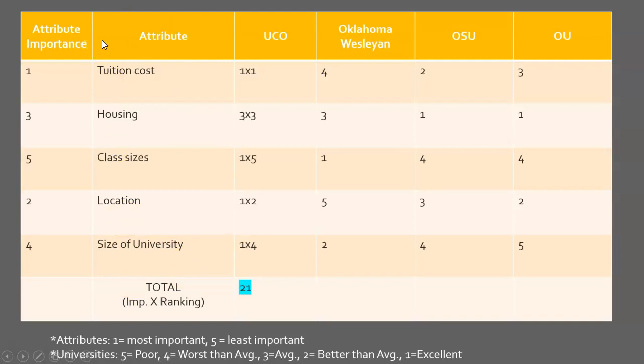And there could be more than 5. This is for the sake of brevity. So I'm going to put the attributes that are important. From there, I'm going to move over here and I'm going to rank their importance. So what is the most important? Tuition, location, and so on. So they did that.